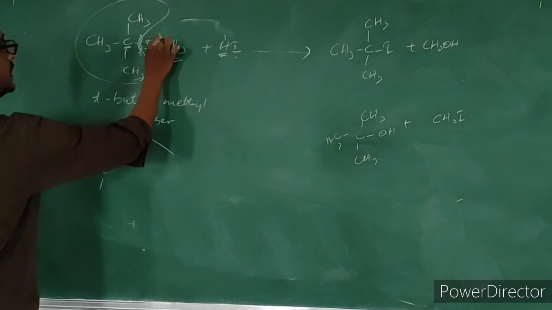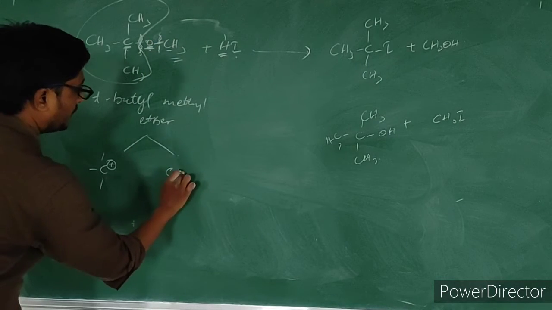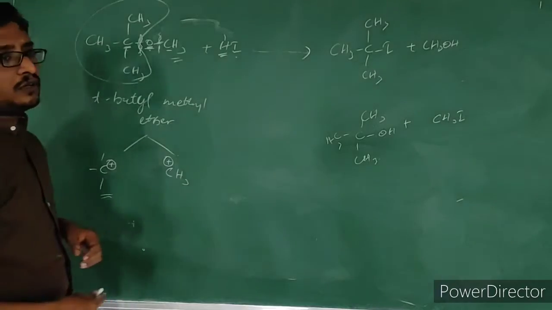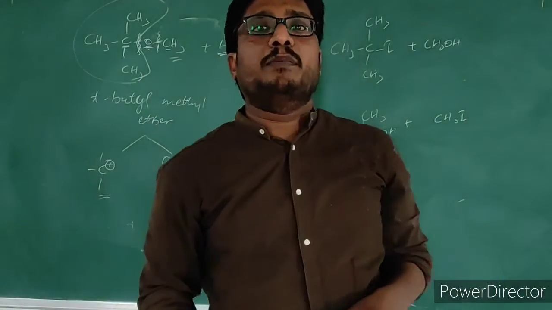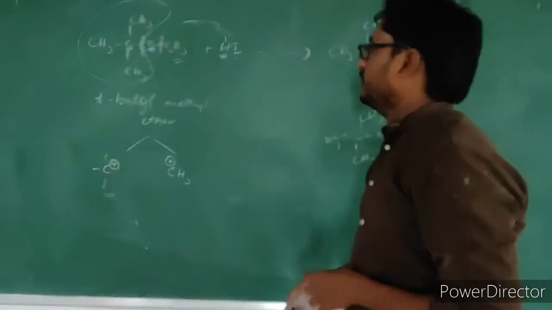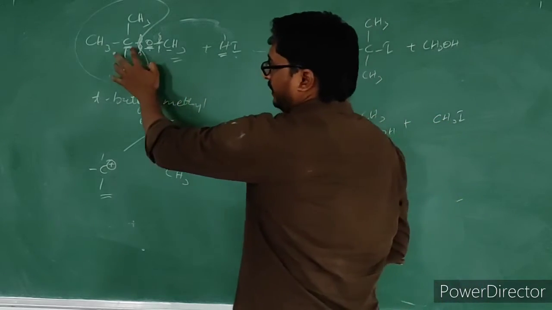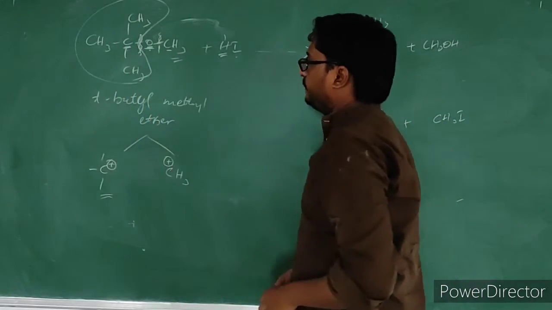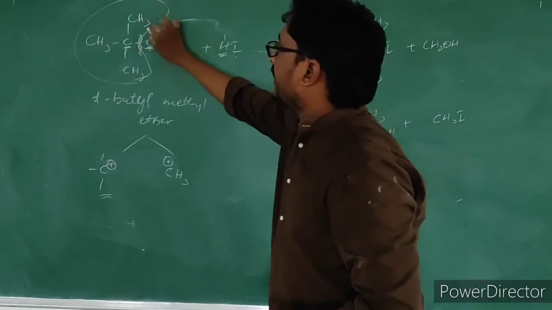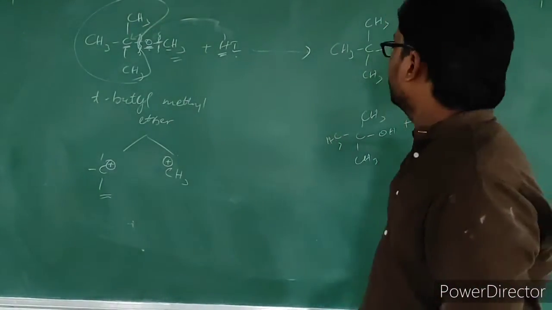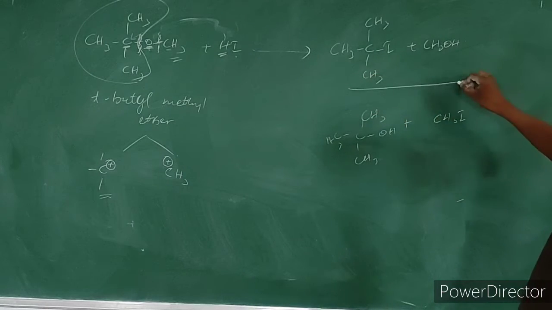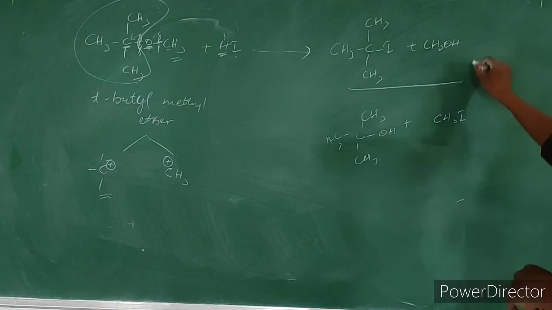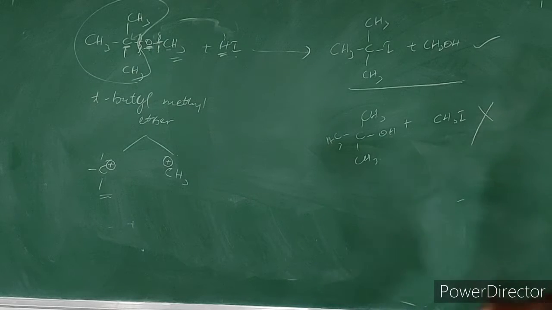If the bond breaks on the other side, a primary carbocation is produced. Since the tertiary carbocation is more stable, cleavage takes place between the carbon of the tertiary butyl group and oxygen. Then I minus attacks this carbon, resulting in tertiary butyl iodide plus methanol as the products rather than the other products.